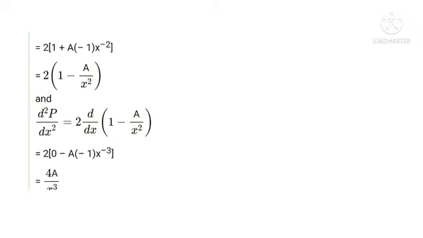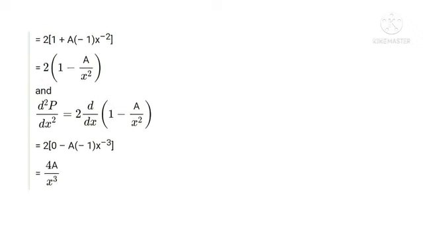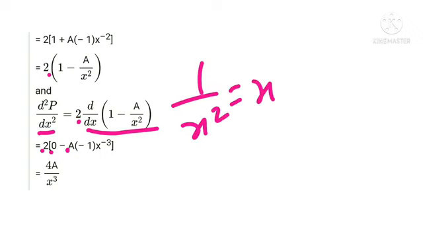Again you differentiate with respect to x, you get d2p by dx square is equal to 2 as it is into derivative of 1 minus a upon x square. Derivative of 1 is 0, a as it is, derivative of 1 upon x square, you can write as x raised to minus 2. So what is the derivative of x raised to minus 2?